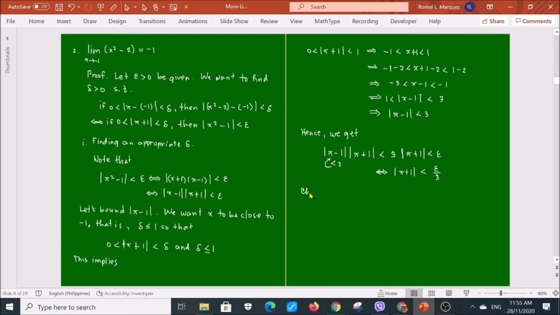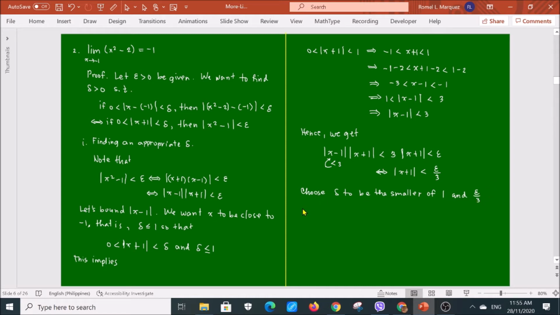So you have to choose delta to be the smaller of 1 and epsilon over 3. Remember, we have another condition: epsilon is less than or equal to 1. If this happens to be greater than 1, you are going to choose 1. If this happens to be less than 1, you're going to choose epsilon over 3.